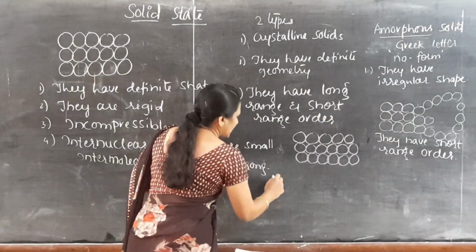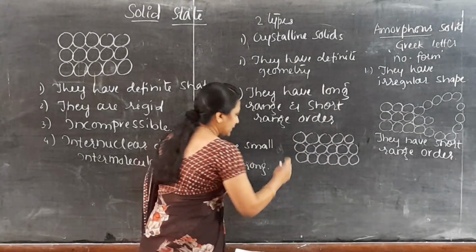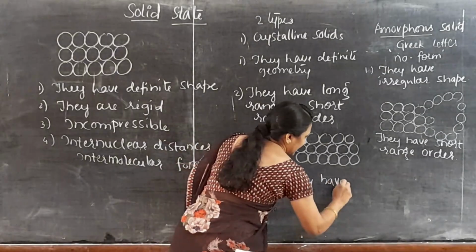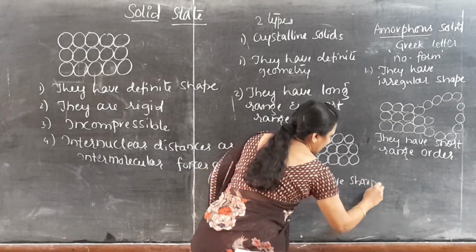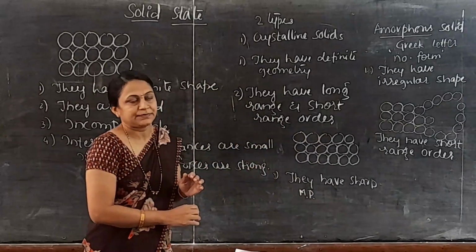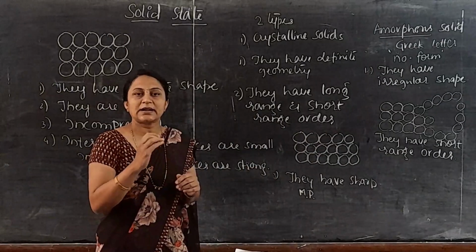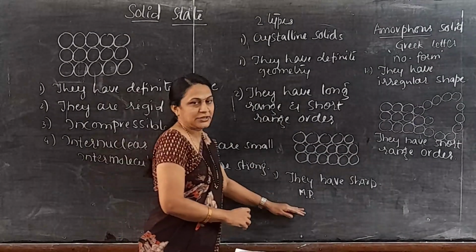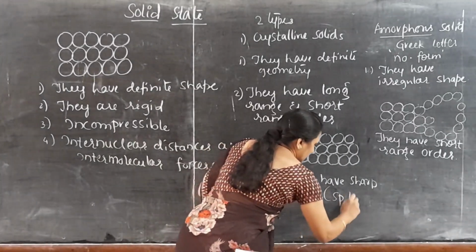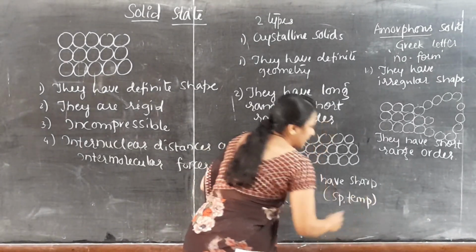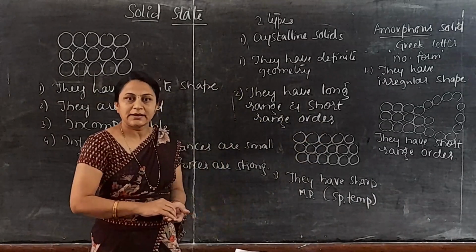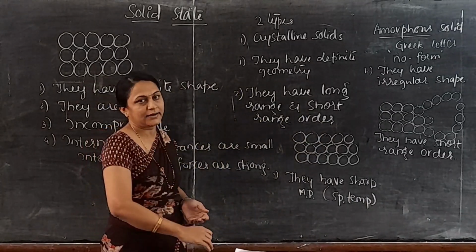And the third difference: crystalline solids have a sharp melting point. It means they melt at a specific temperature. If the melting point of a substance is 80 degrees Celsius, it melts exactly at 80.